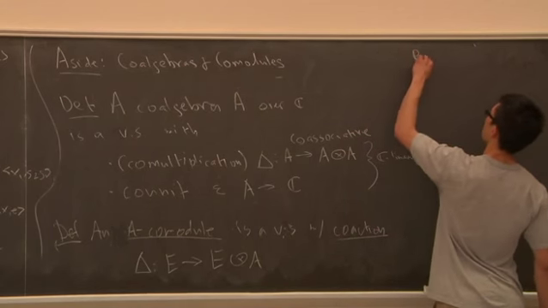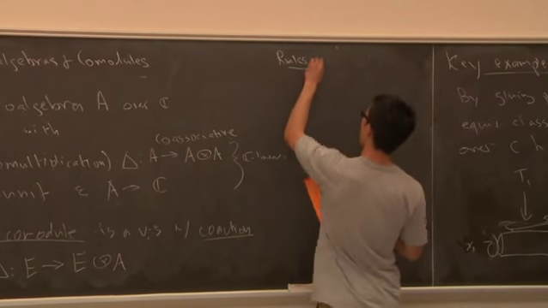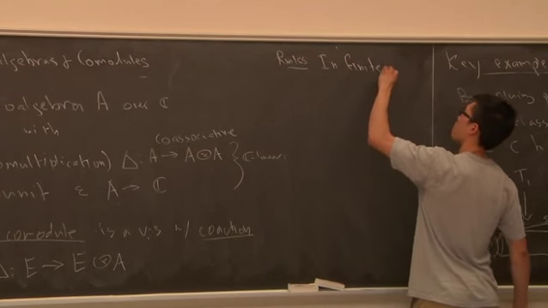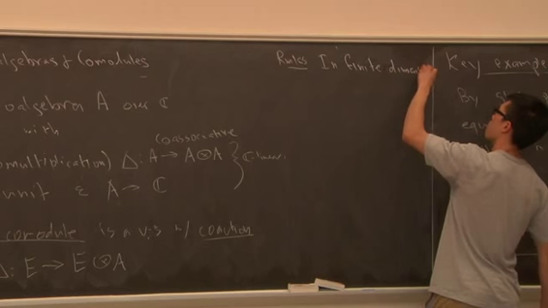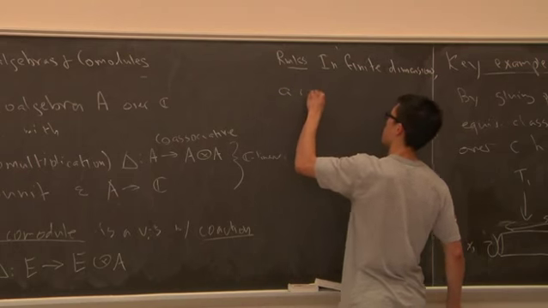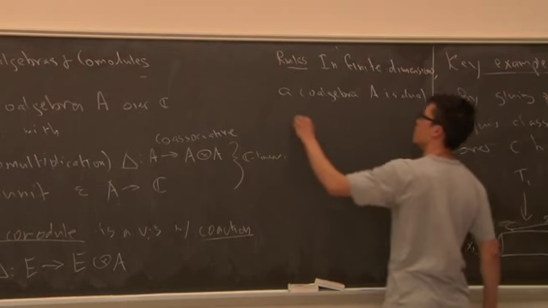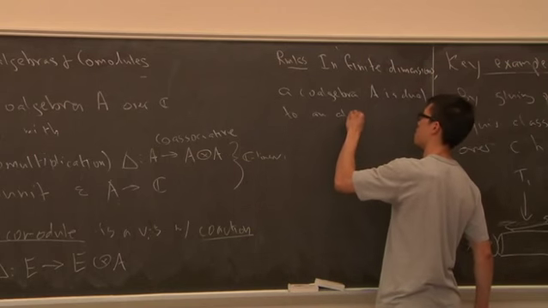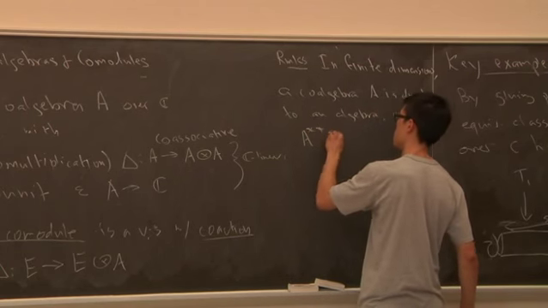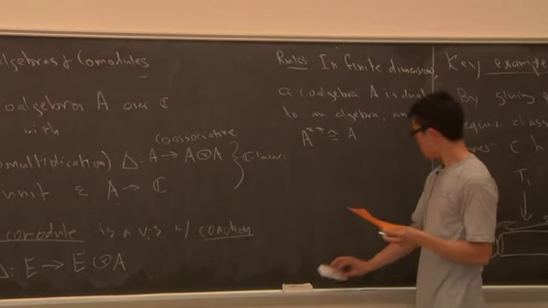And then just some facts that we'll need about this setup. In finite dimensions, a coalgebra A is dual to an algebra, and the double dual is isomorphic to the original thing, as you would expect.